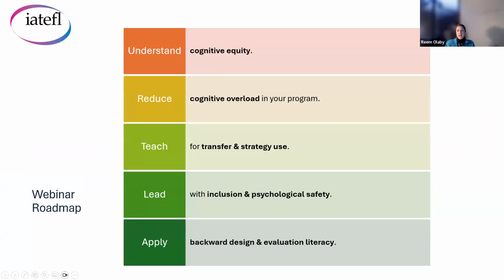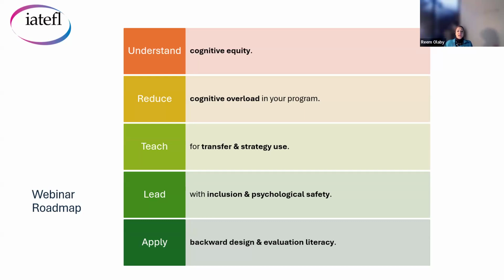So that's our roadmap for today's journey. First, we're going to understand cognitive equity, what it means, and why it should be at the heart of our programs. Then we're going to explore how to reduce cognitive overload in our classrooms and curricula. We're also going to talk about how to teach for transfer and strategy use so that learning extends far beyond the classroom walls.